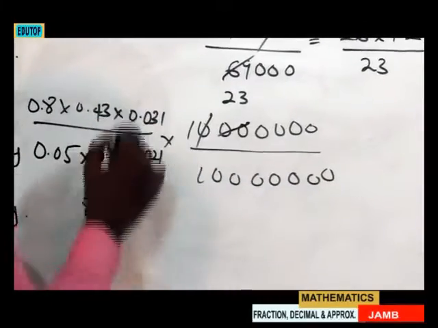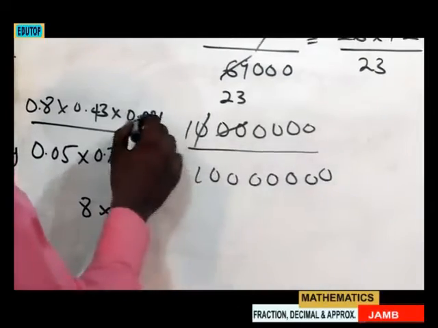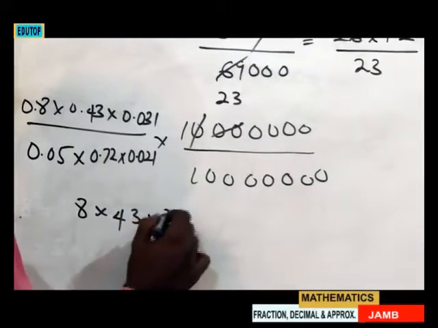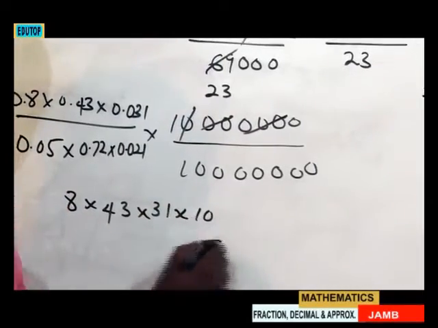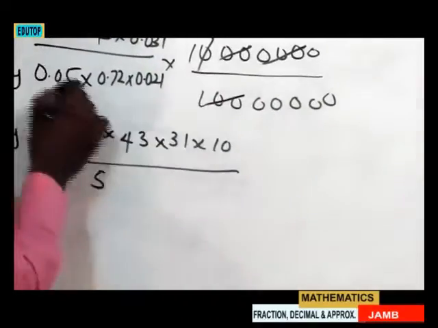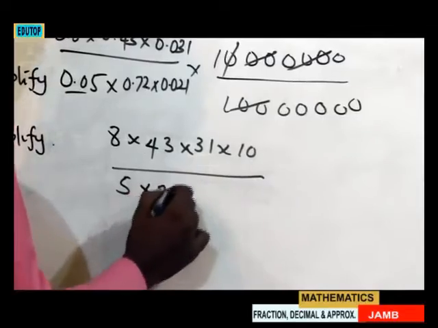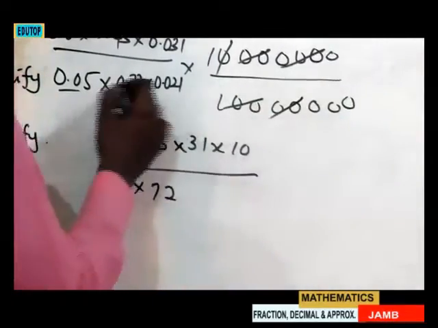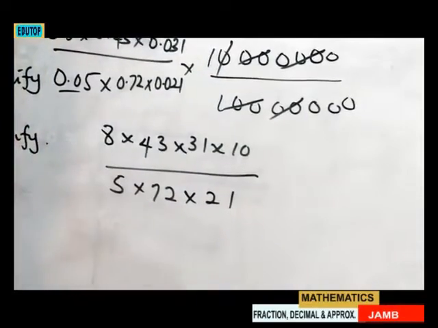This one, 2 zeros removed, you have times 43. The next one, 3 zeros removed, you have 31. Over this one, 2 zeros removed, you have 5, this one 72, and this one 3 zeros, times 21.